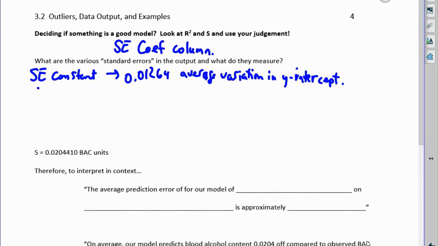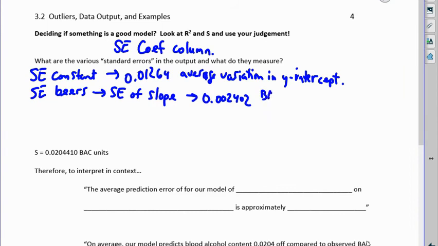And then there's a standard error of the Beers, which is the standard error of the slope, which on this was 0.002402, and that would be BAC per beer.